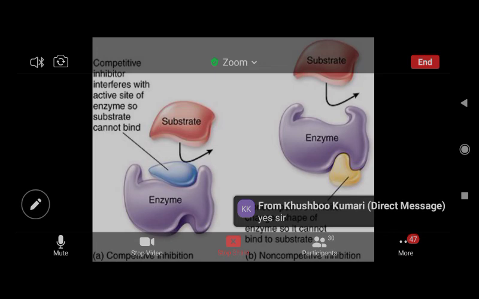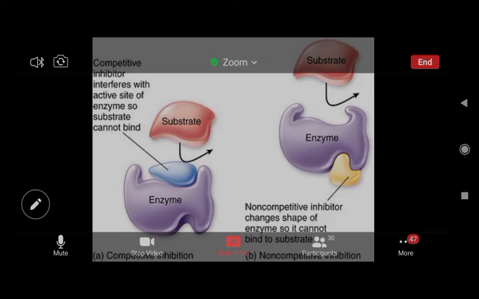Okay. So here you see, students, there are two mechanisms. One is called competitive inhibition and the other is called non-competitive inhibition. In competitive inhibition, the competitive inhibitor interferes with the active site of the enzyme, so the main substrate cannot bind.